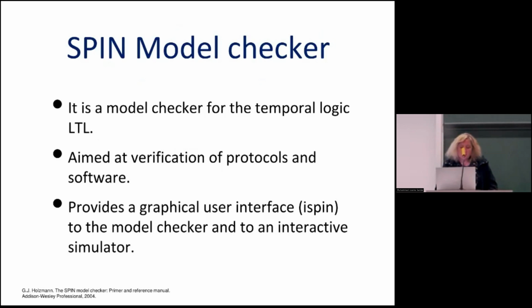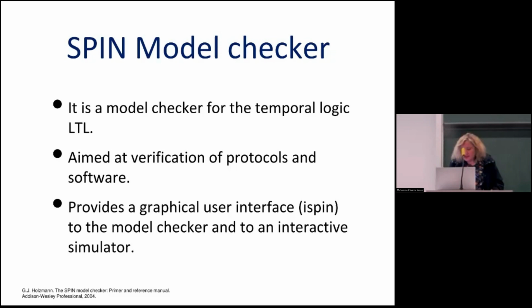What can we do with model checkers? You can verify protocols, you can verify software, and you can also use an interactive interface for Spin and have an interactive simulator where you can vary some of your properties in real time and see what is going to happen.